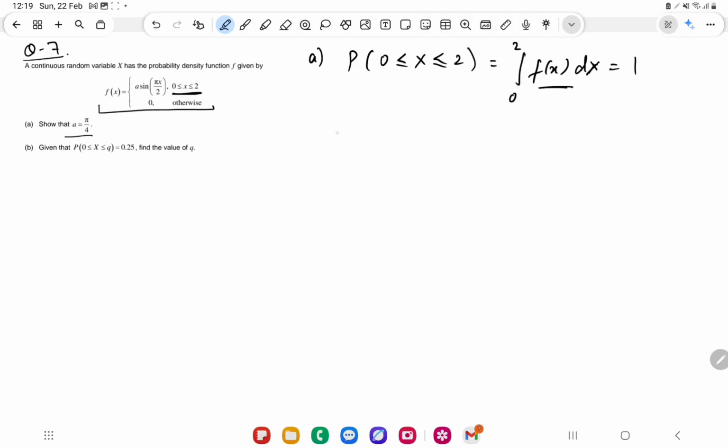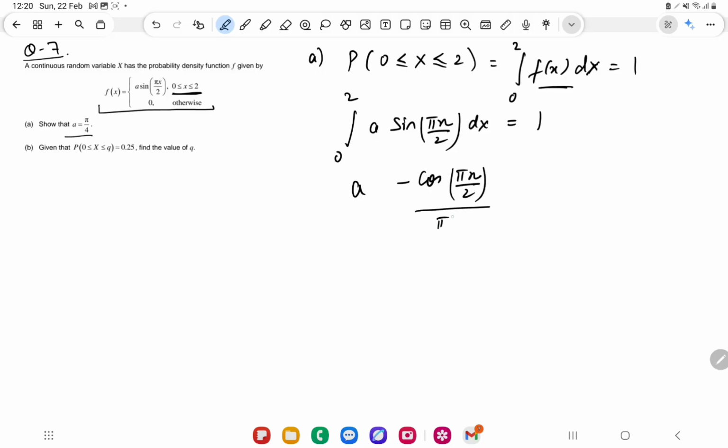Now I will be replacing this f(x) from 0 to 2, a sine pi x by 2 dx as 1. Since a is a constant and the integration of sin x is minus cos, and we have to do the differentiation of pi x by 2 as well, which will be this between 0 to 2. This will be equal to 1.